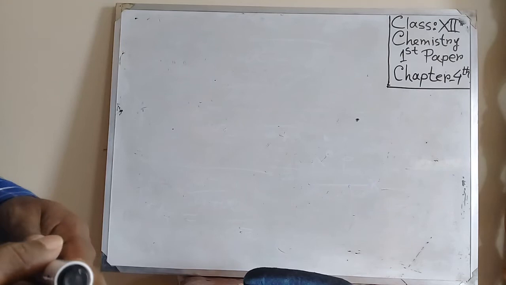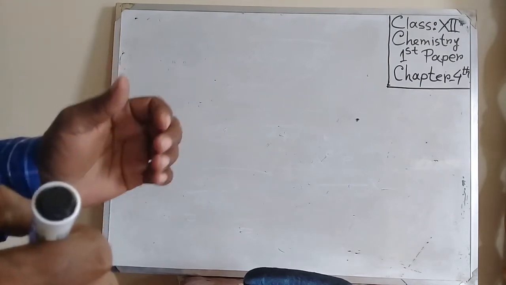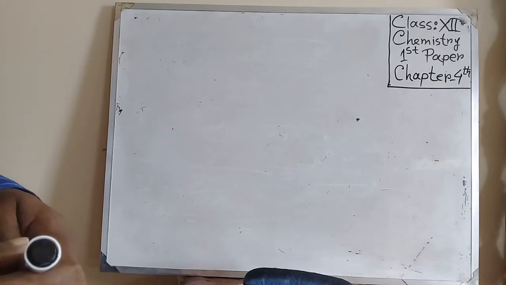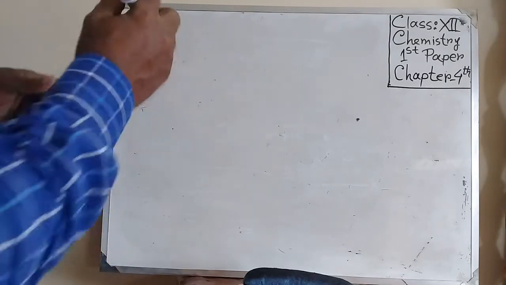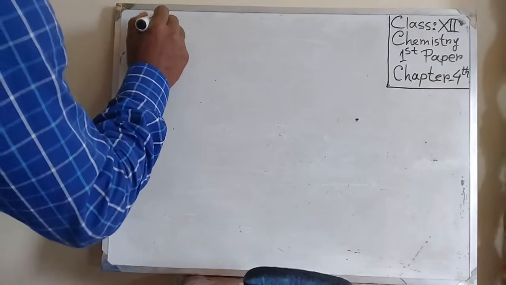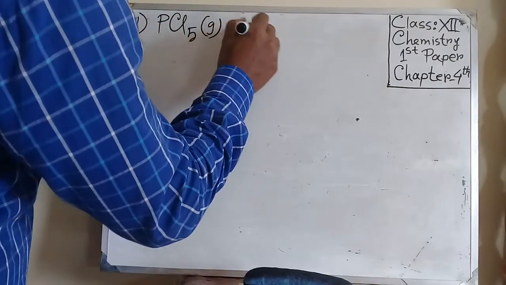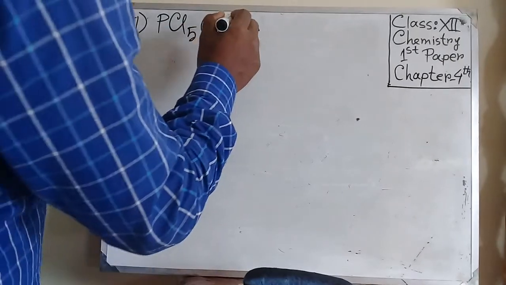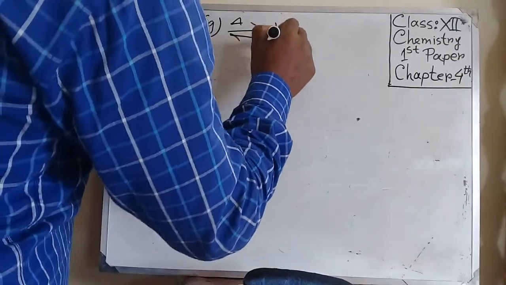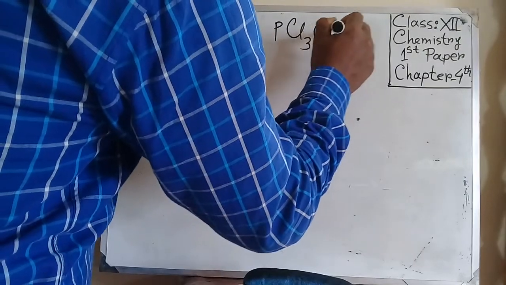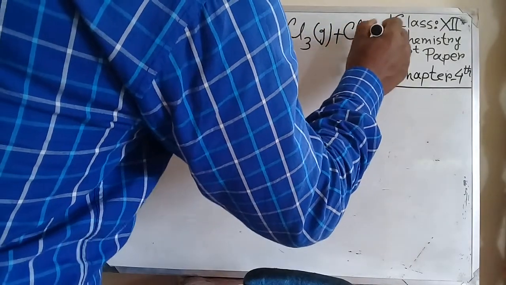Today I'll discuss a few reactions that I gave you at the last class, and these five reactions are: number one, phosphorus pentachloride gas. If we provide heat here, we'll get phosphorus trichloride gas plus chlorine gas.